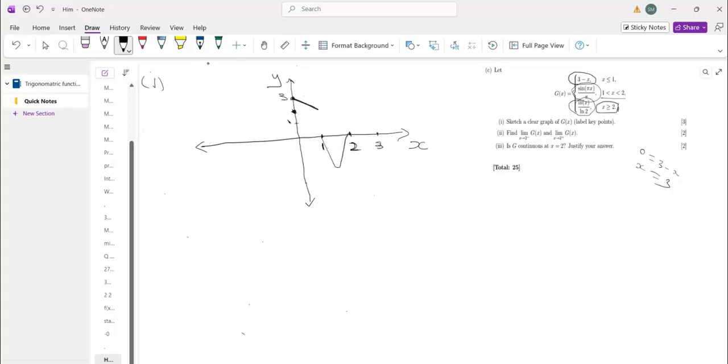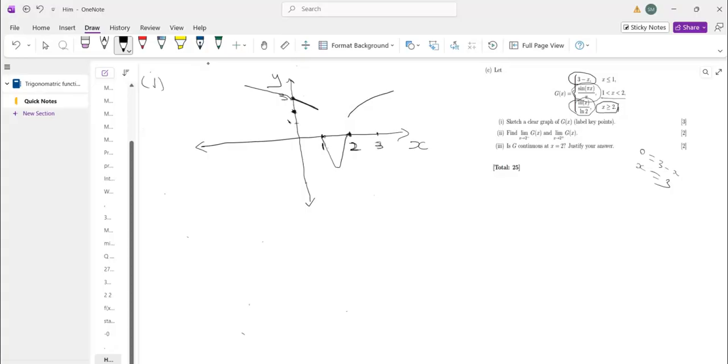So it's going to start from somewhere here. Then we're gonna have something like this. And this one also, it goes up, down, down. Then this one goes up, up. So this is our discontinuous function.